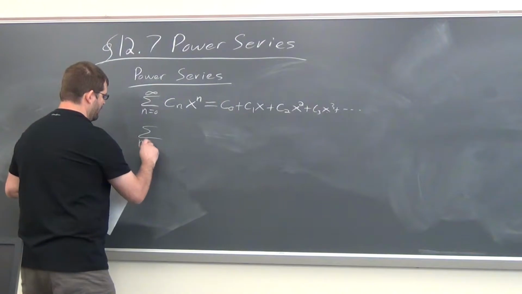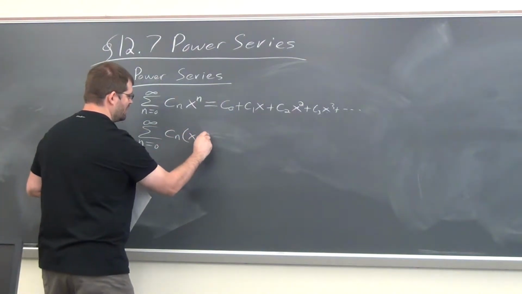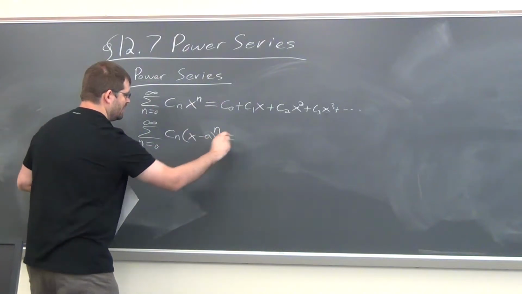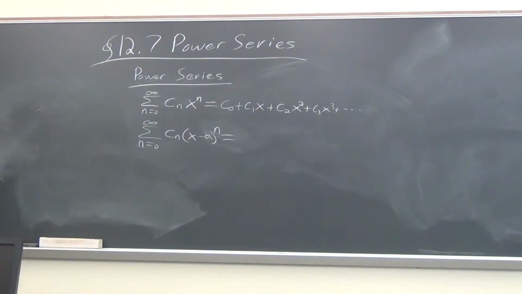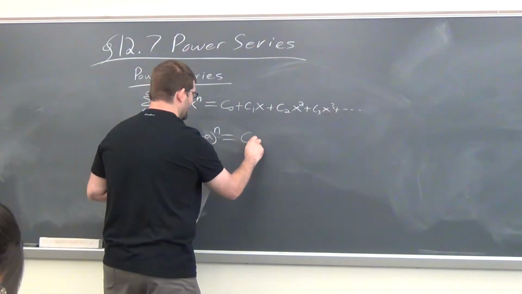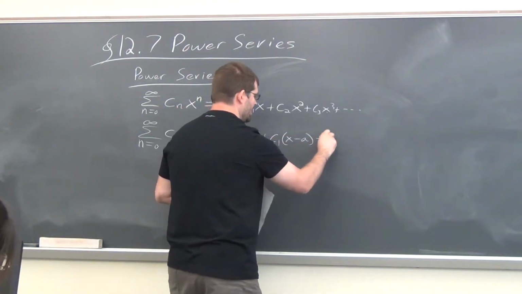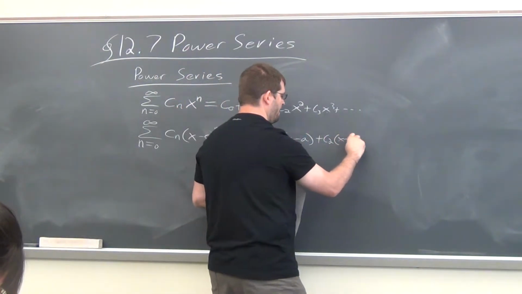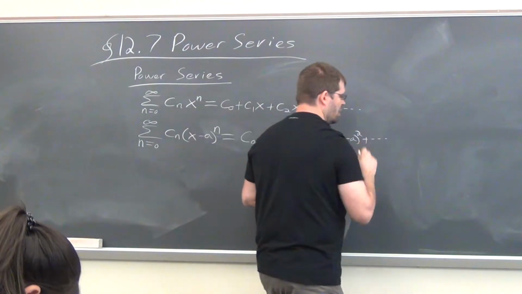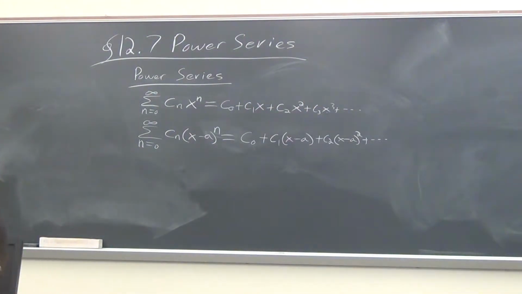We also have power series centered at a different place. So rather than just x to the n, we'll have some fixed a, and you'll look at a power series in the form c sub n times x minus a to the n. That's c0, c1 times x minus a, c2 times x minus a squared, and so on. Does that make sense?